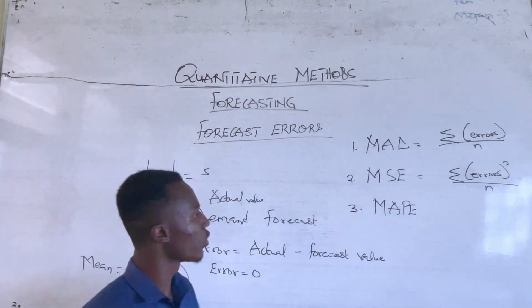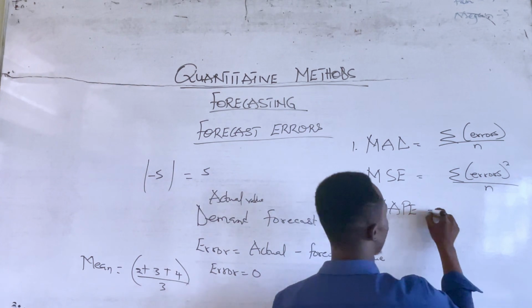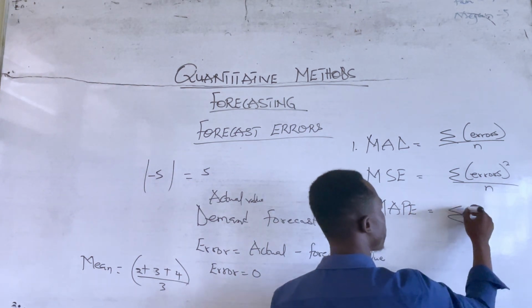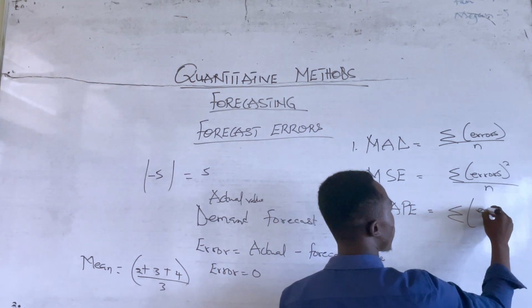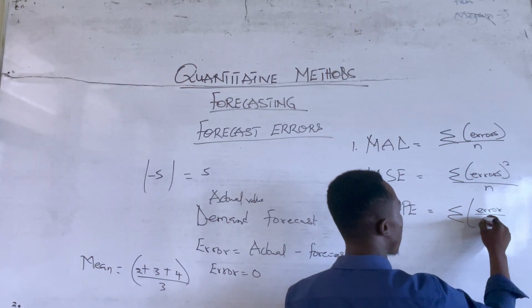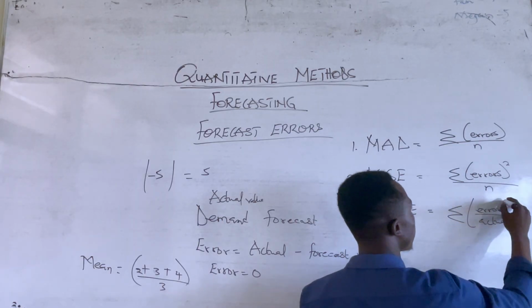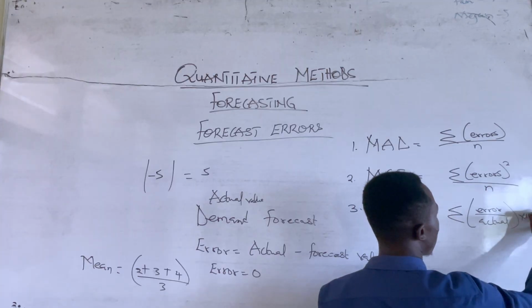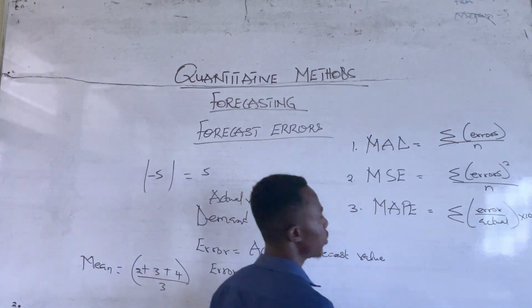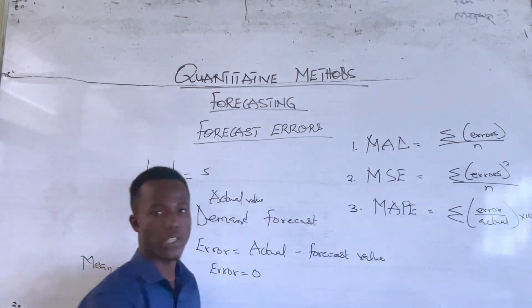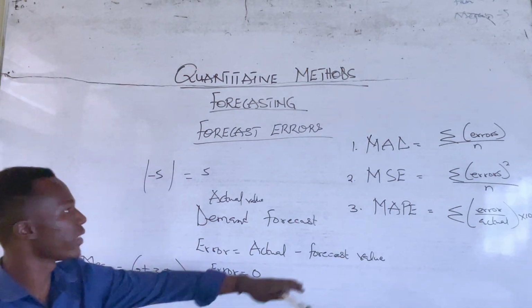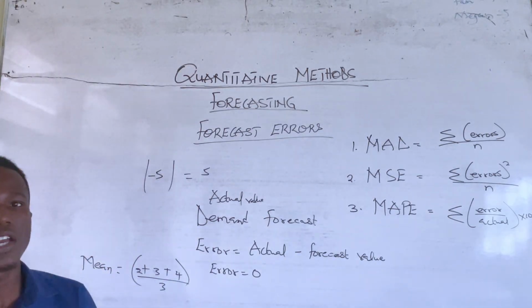Then for the mean absolute percentage error, you sum the error over the actual value, then you multiply everything by 100%. Okay, so that is it for the three components of forecast errors.